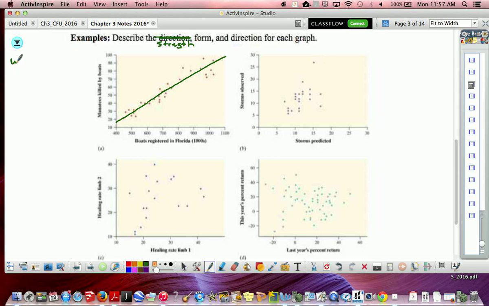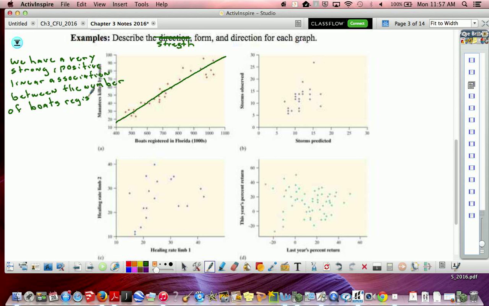Positive. So we would say we have a very strong, positive, linear association between the number of boats registered in Florida and the number of manatees, two E's, killed.